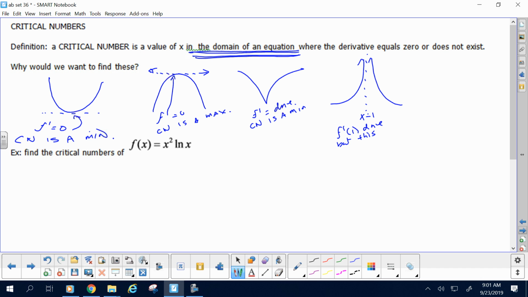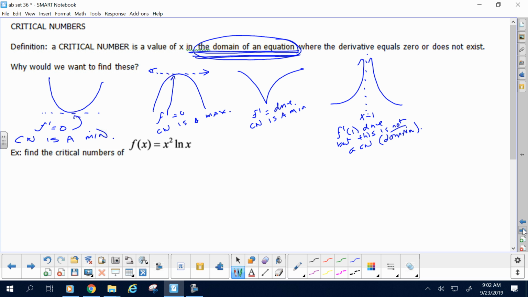Well, this is not a critical number because x equals 1 is not in the domain. Points that don't exist on the graph are not interesting to me. I wouldn't say there's a min at a point that doesn't even exist on the graph.